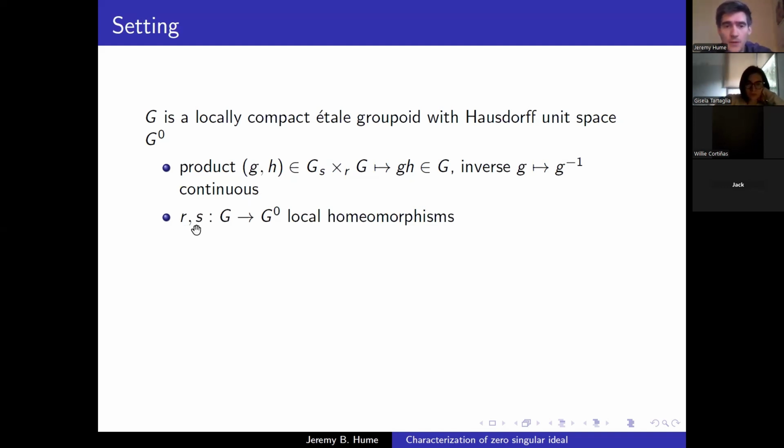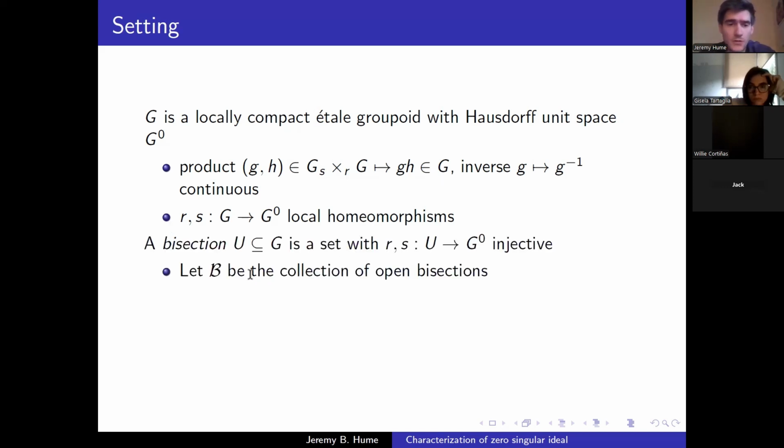And étale means that the target maps from G to the unit space are local homeomorphisms. Since we're assuming the unit space is Hausdorff, the groupoid is going to be locally Hausdorff, but not necessarily globally Hausdorff. So we have a locally compact groupoid which is only locally Hausdorff.